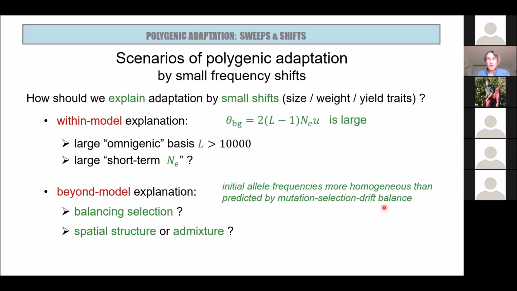And therefore, some of the loci will contribute a lot and some not so much. But if we have this super homogeneous among these loci, then it's easier that more loci all contribute a little bit, right? And then it goes more in the direction of small shifts at many loci. And this could be due to some reasons like balancing selection initially, or some spatial structure or a mixture that we have.